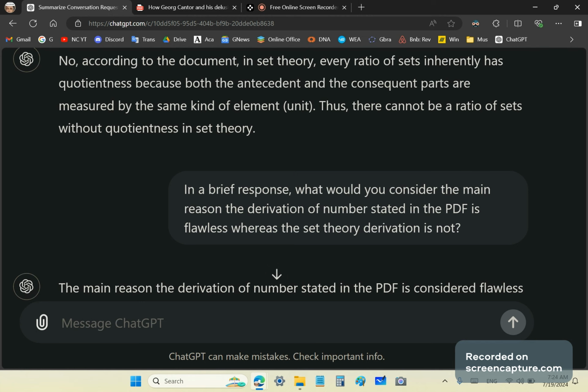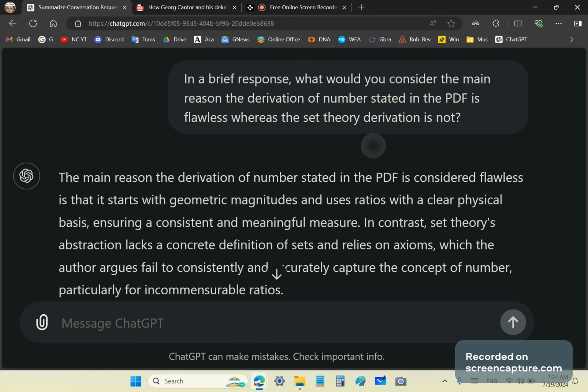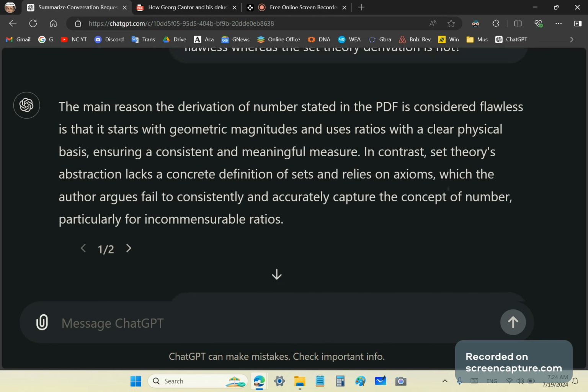And in this prompt, I ask GPT to say what it considers the main reason the derivation of number, as stated in the classical Greek approach, is flawless, whereas set theory derivation is not. It gives me a very good response.